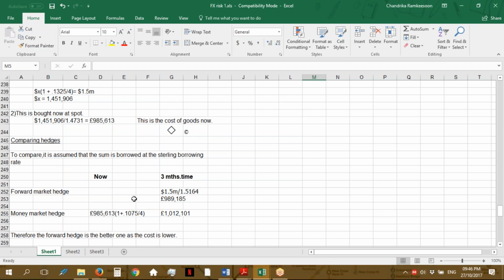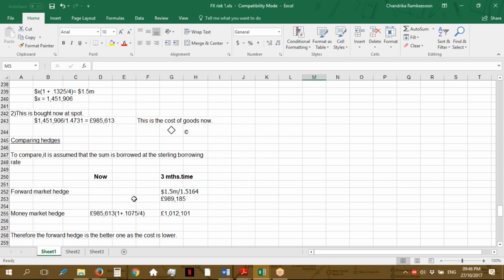You can't compare both of them. In order to match, we assume that the 985,613, which you used, you being the company, to purchase the dollars, we assume that that money has to be borrowed.